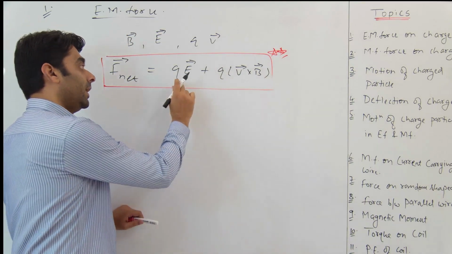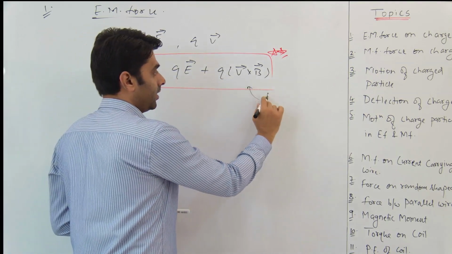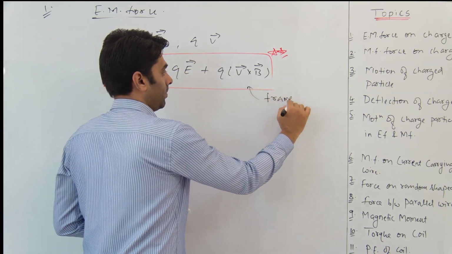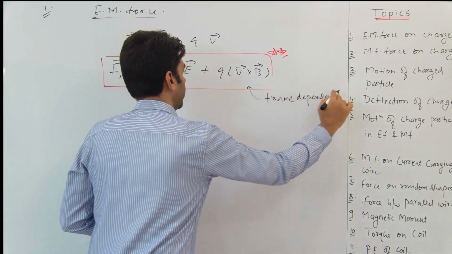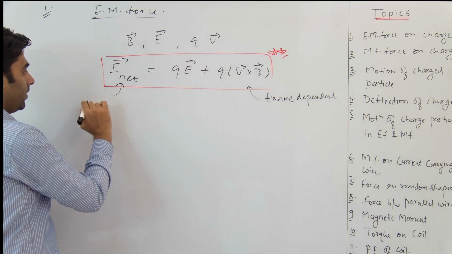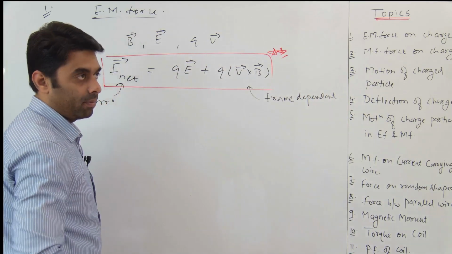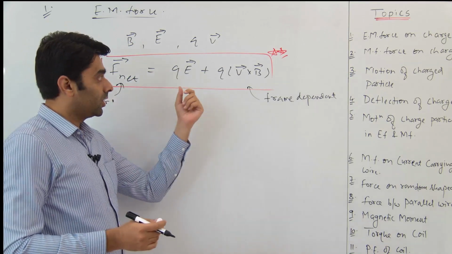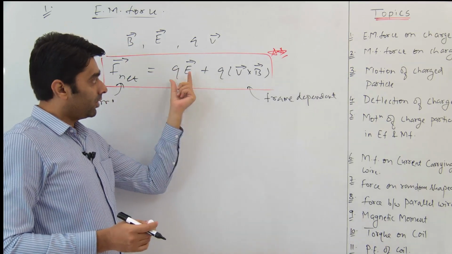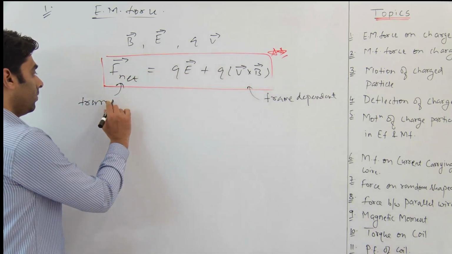Therefore, your electric force and magnetic force are frame dependent, whereas the net force is frame independent. From where we are observing the motion will affect your electric force and your magnetic force, whereas net force is frame independent.